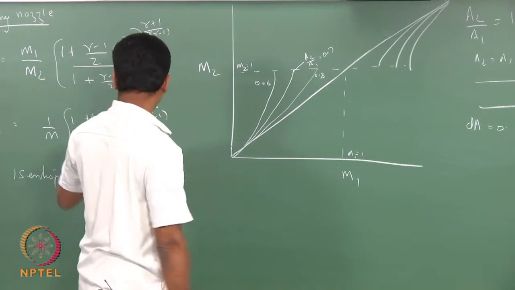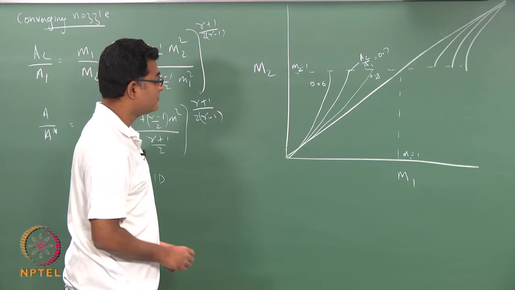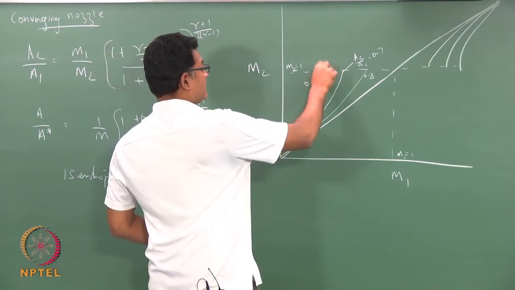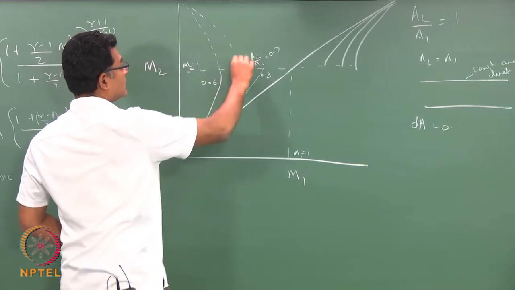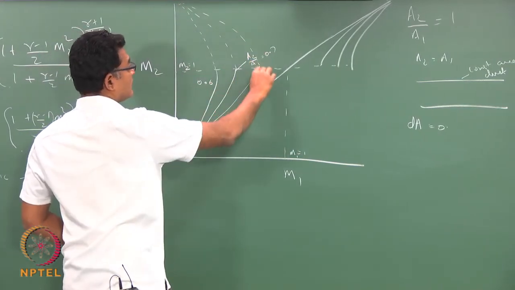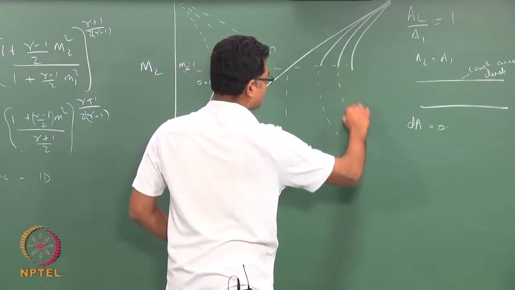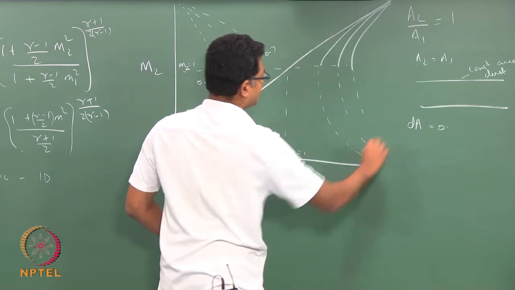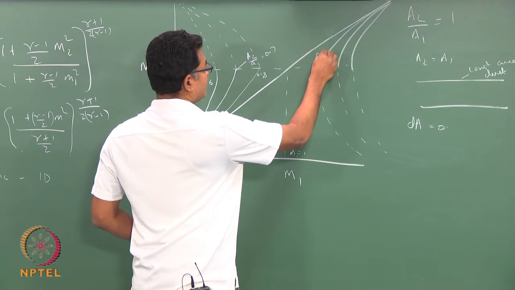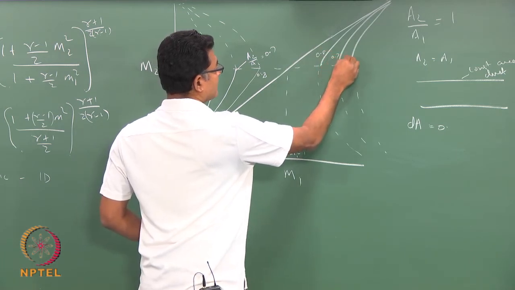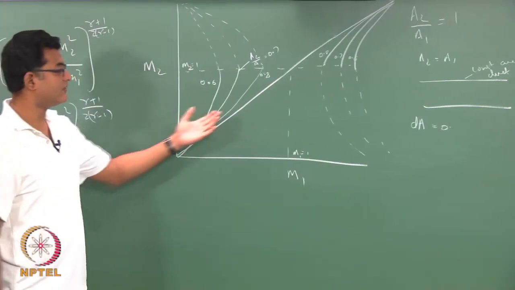This equation does not distinguish between supersonic and subsonic flows, so if I continue the curve, it would be something like this, again for area ratios A2 by A1 of 0.8, 0.7, 0.6.